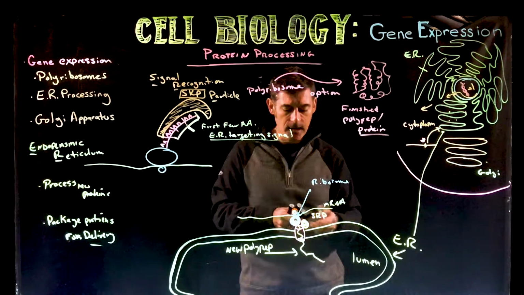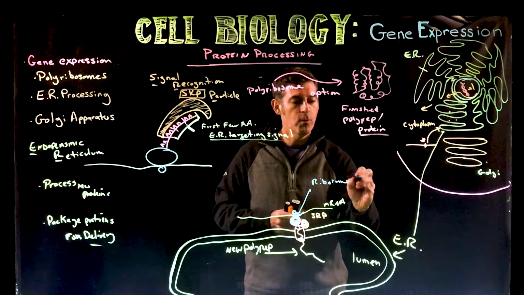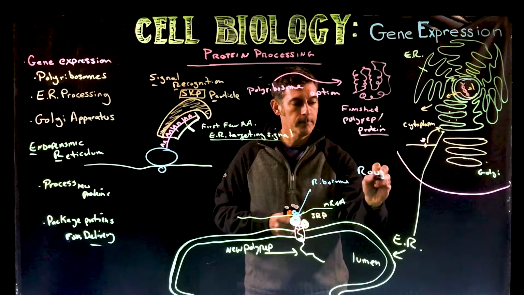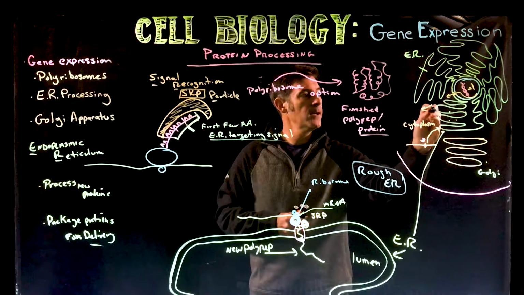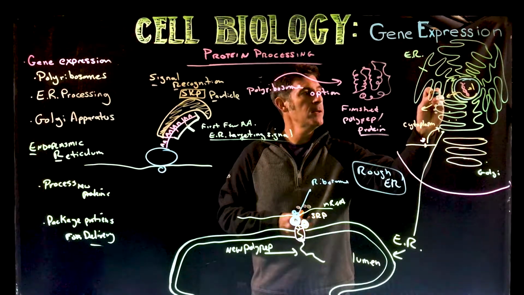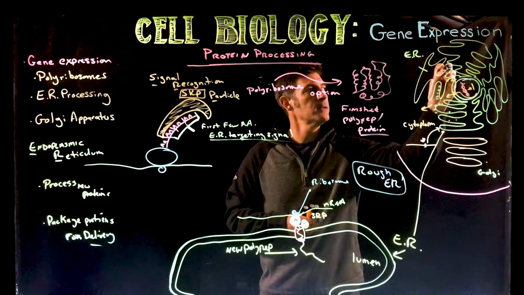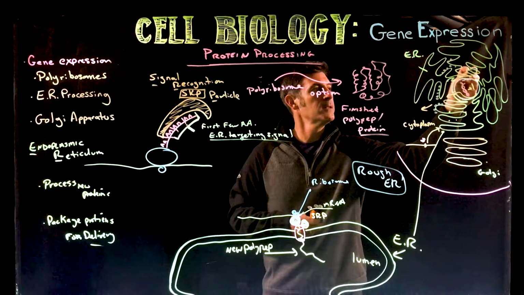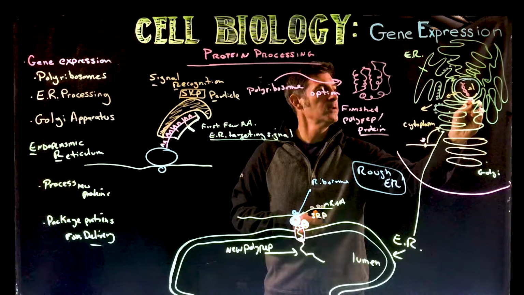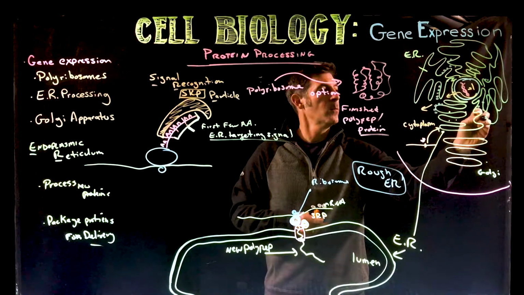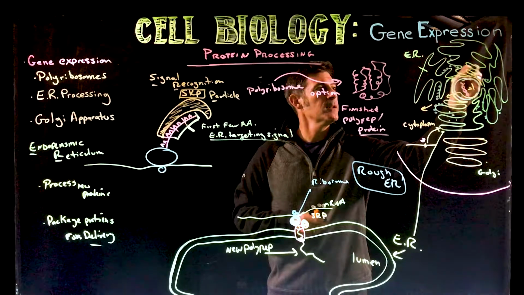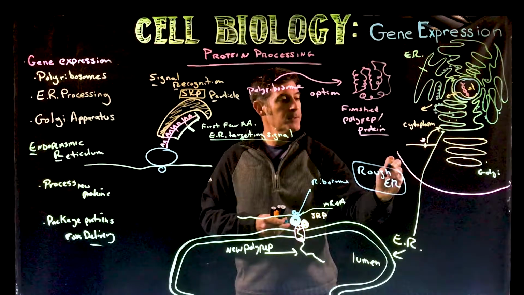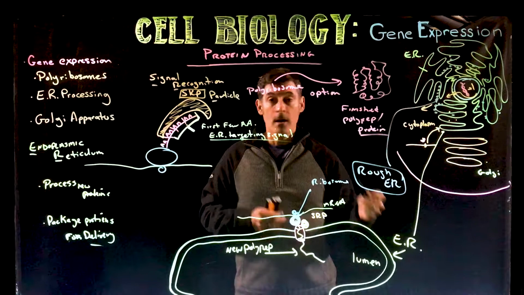We have a type of ER that we sometimes call rough ER. The reason we call it rough ER is because if you look at it under a microscope, the ER looks like it has studs on the surface of it. It has all these little circles attached to it. It looks rough. If you wonder what all those little bumps on the surface of the ER are, all these little bumps on what we call rough ER are ribosomes.